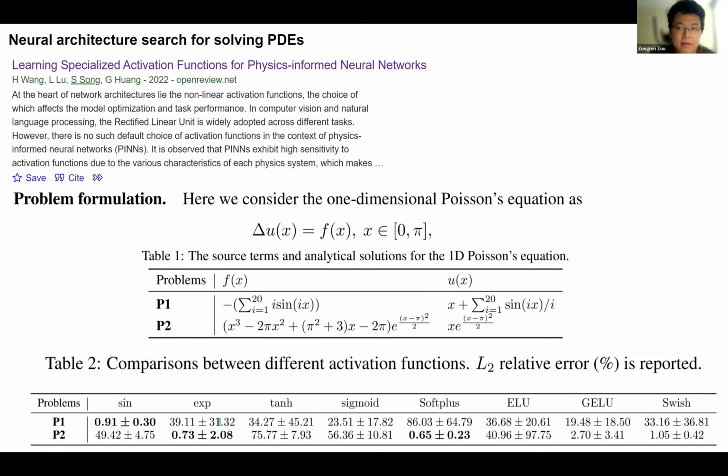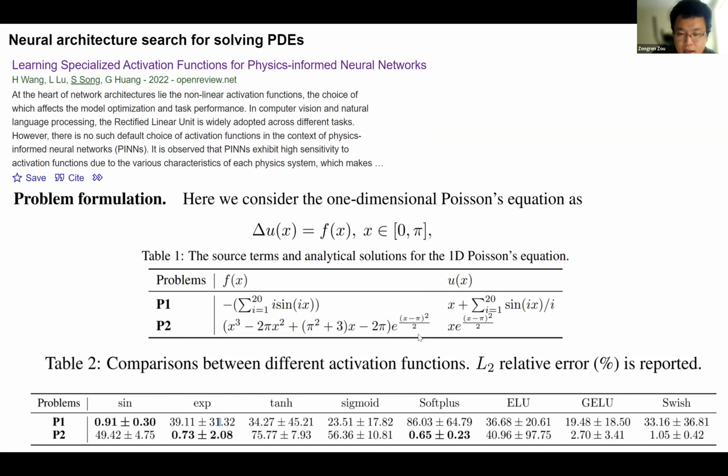And the last related paper I want to mention in this talk is the paper from Lu Lu, named Learning Specialized Activation Functions with physics-informed neural networks to solve PDEs. This is one problem in the paper, the 1D Poisson equation, and then there are 2 specific problems, one with different source terms. The source terms have completely different behaviors.